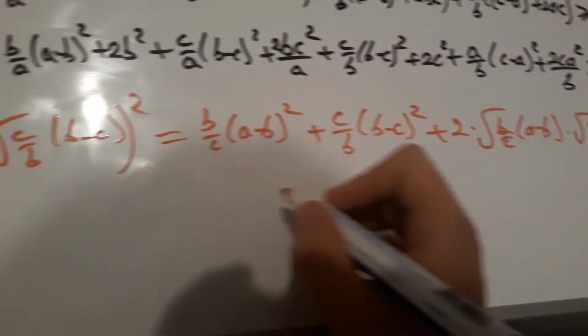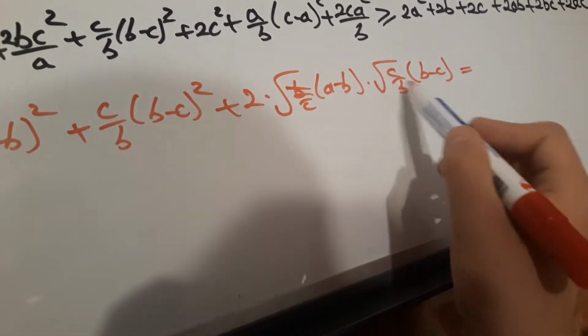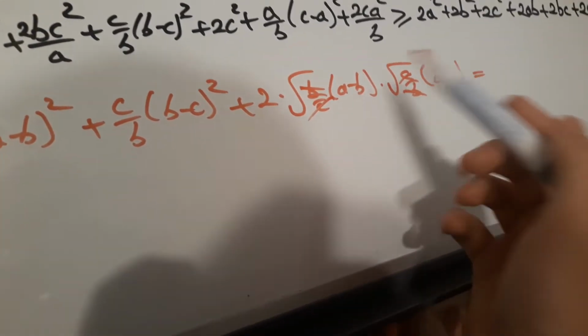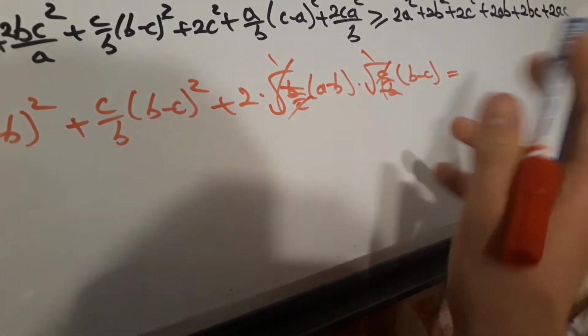This is equal next to it. As you can see, b from here with b from here, and c from here with c from here are cancelling out, so here we have only one.